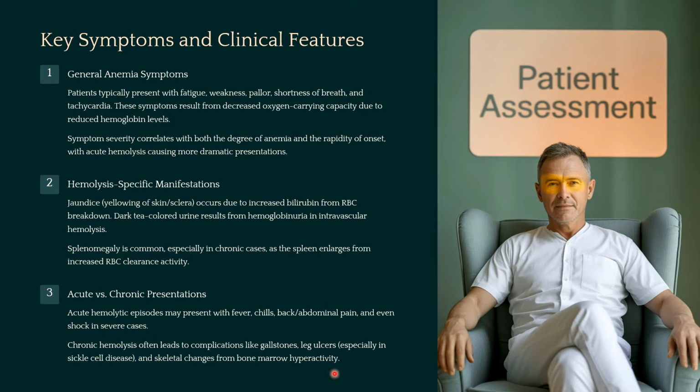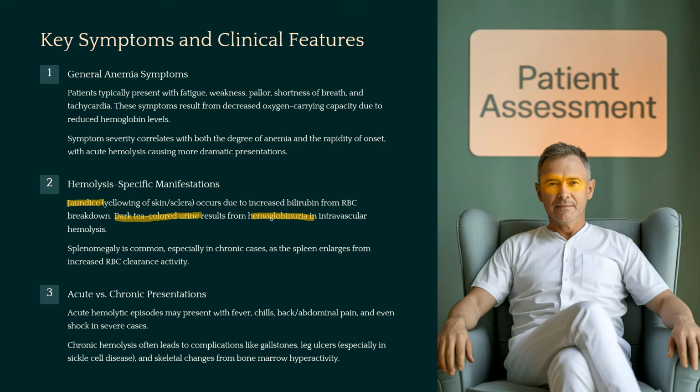Splenomegaly is common. So there are three main things which should be remembered which can be seen in the body of the patient suffering specifically from hemolytic anemia. Number one is jaundice, that means yellowing of the skin or sclera. Number two is dark tea-colored urine, which is called hemoglobinuria.